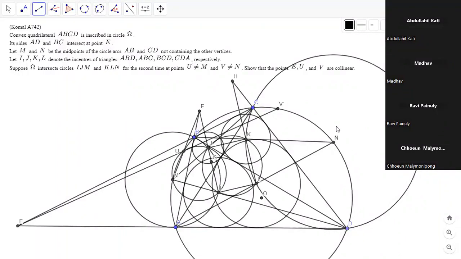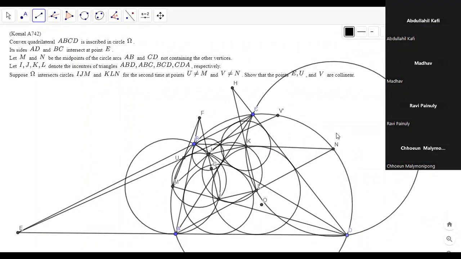Z is the incenter of K and L, are G, Z, and E collinear? We have U, B. Okay. I like where Nguyen is going with this. Okay.